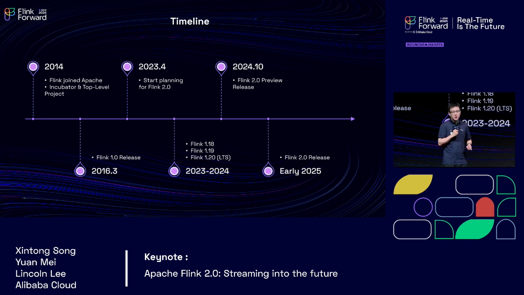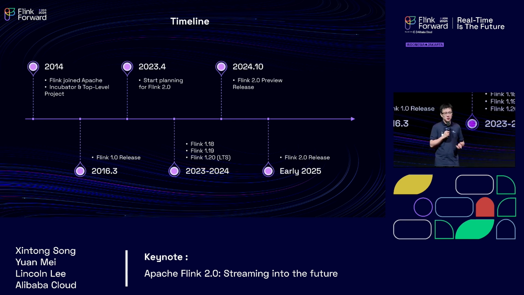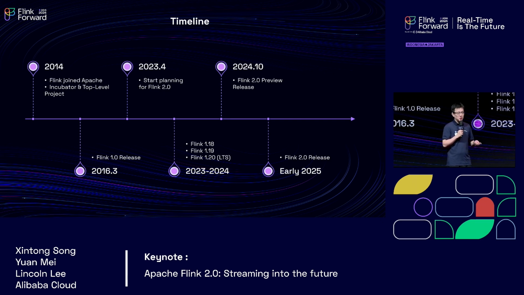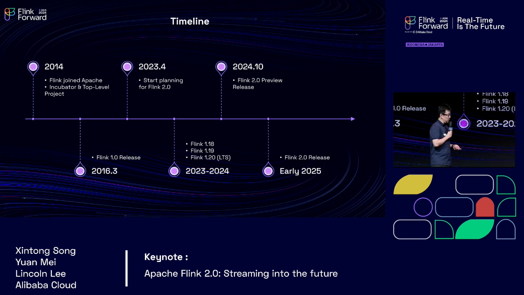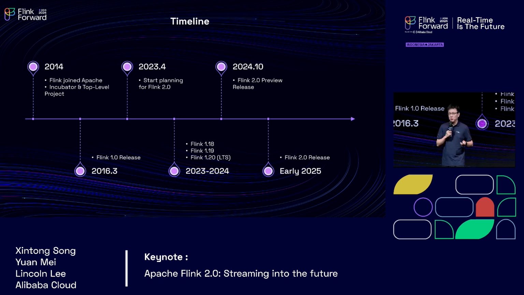Finally, this October at Flink Forward Berlin, we announced a preview release for Flink 2.0, and the formal Flink 2.0 release is expected to ship in early next year. So the preparation for Flink 2.0 takes really long, almost 2 years, from April last year to early next year.